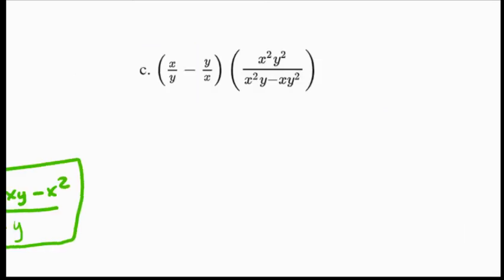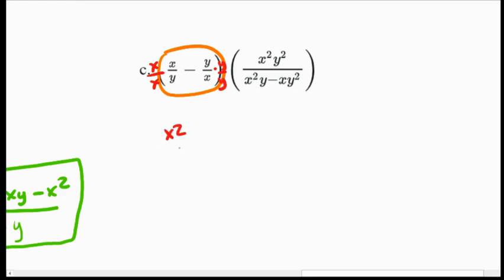All right, for this last one here, I'm going to go ahead and simplify this first, and then I will simplify the second piece, and then I'll multiply them together. So first thing here is I need to get common denominators. So x over x here, multiply by y over y on this one.